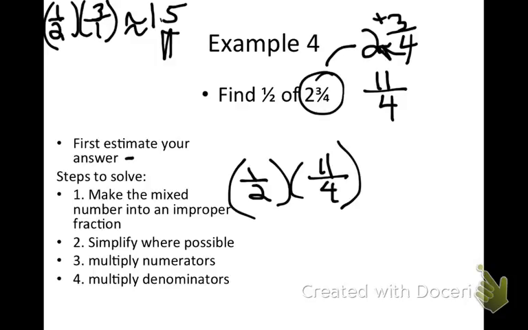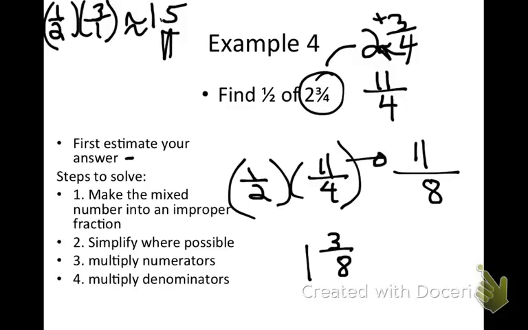Simplify where possible. I don't see anywhere where I can simplify. I multiply my numerators and get 11. I multiply my denominators and get 8. But putting this back into simplest form, I can't leave it as an improper fraction. I have to put it as a mixed number. 8 goes into 11 once, and I have a remainder of 3/8. So 1 3/8 should be my final answer.